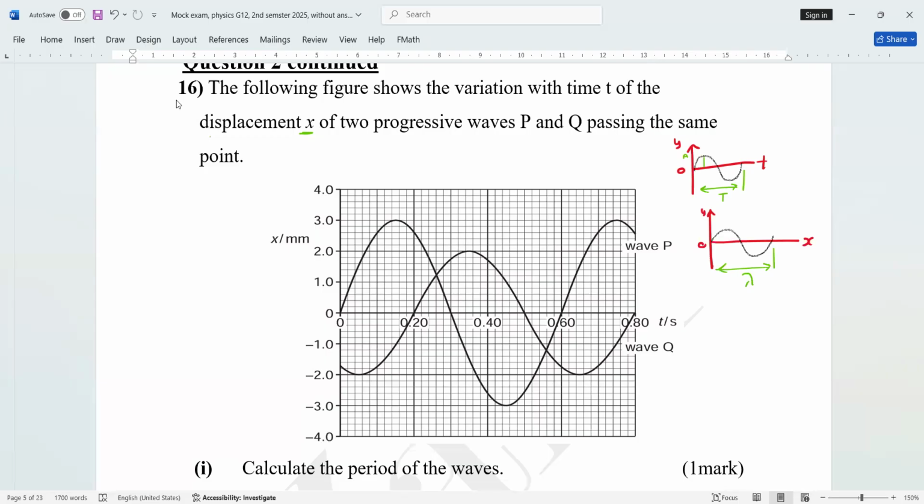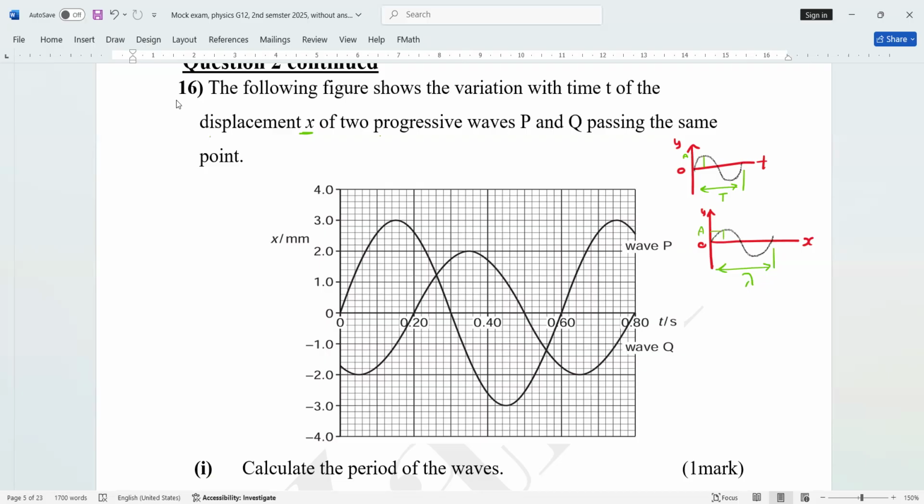So this is the amplitude. Then displacement time, the time of one complete wave is the time period. Displacement distance, the length of one wave is the wavelength lambda. So this is displacement time. Then we can deduce the time period.